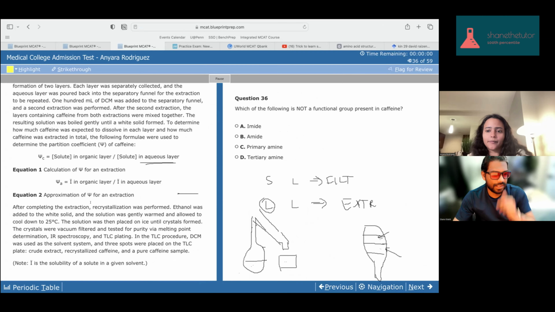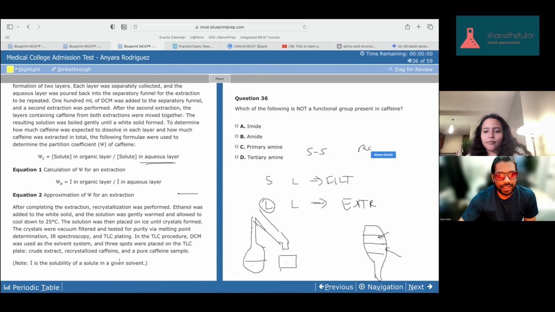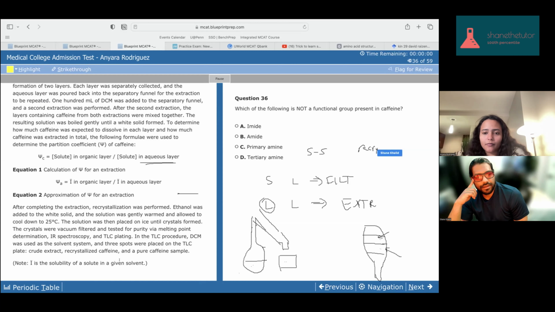So after the extraction, they did recrystallization. I'll write that. So separating solids from solids could be recrystallization.